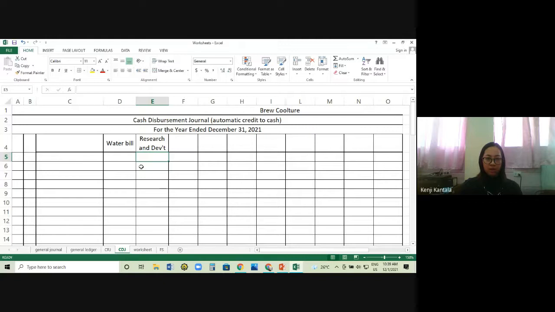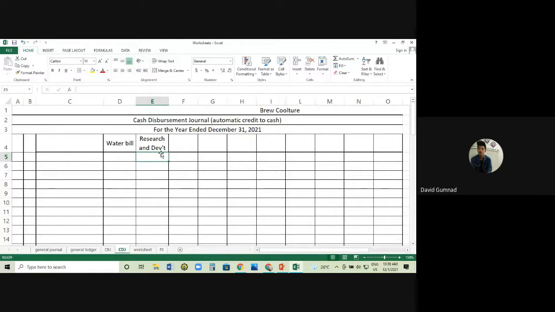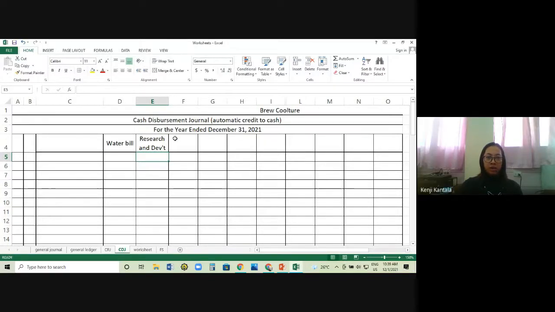So, let's assume nasa 1,200. Yes po, mga ganun po, ma'am. Okay. So, under the header na research and development, ilalagay natin dito yung amount ng money involved. So, we have here 1,200 pesos.